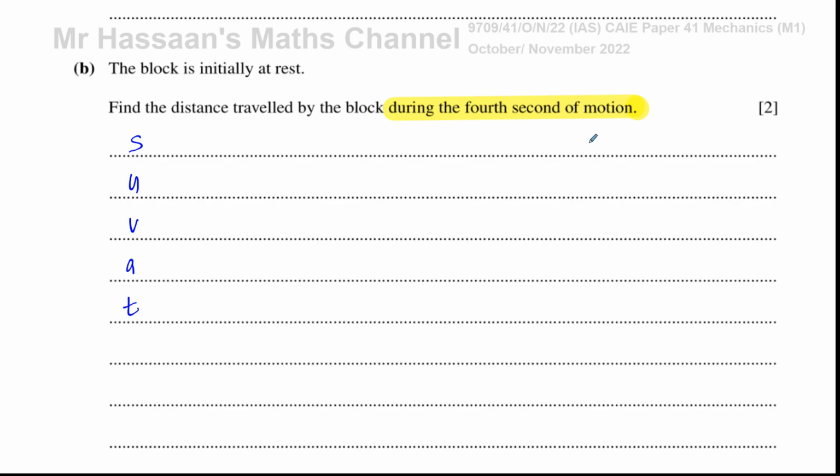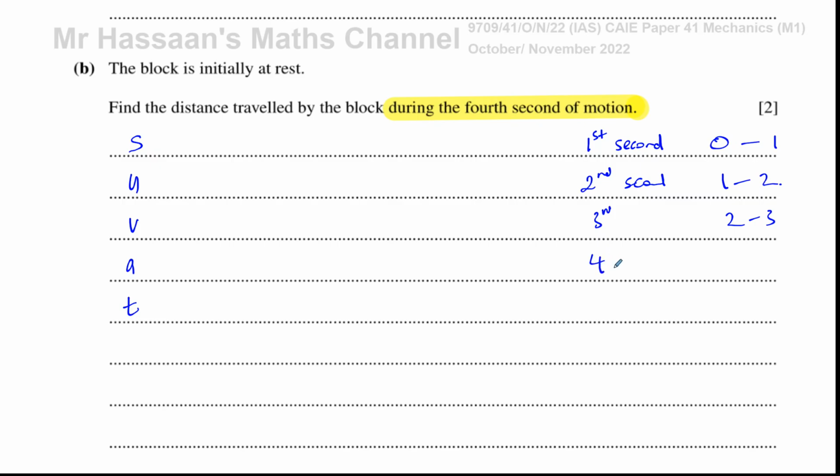Now, if you think about it, the first second of the motion would be between 0 and 1 second. The second of the motion would be between 1 and 2 seconds. And the third second would be between 2 and 3 seconds.